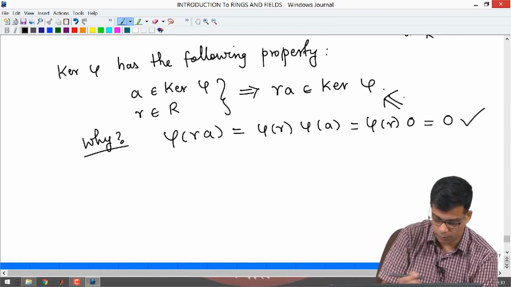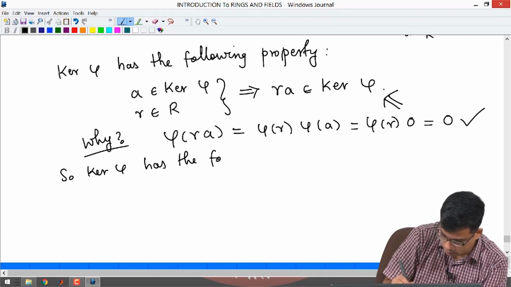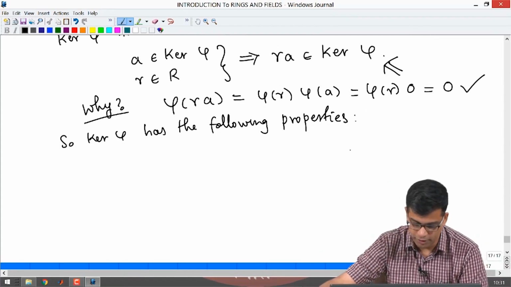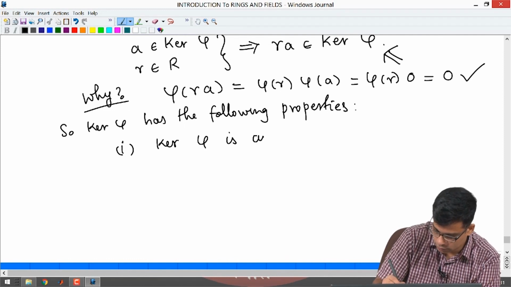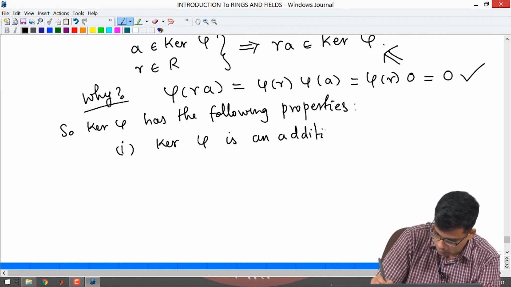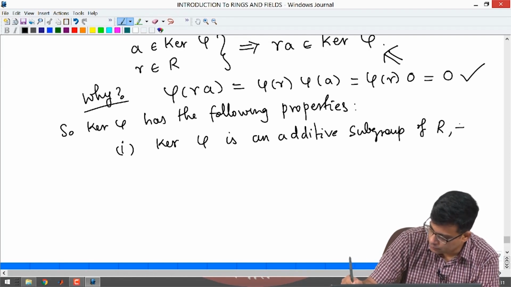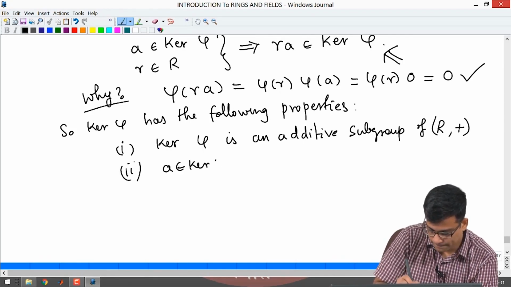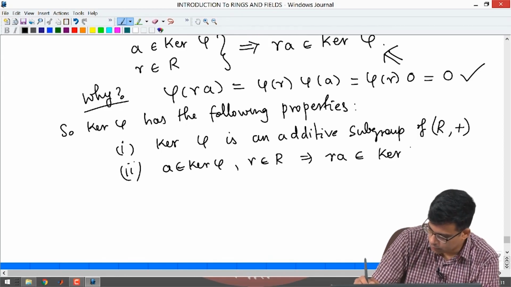So, the kernel has the following properties. 1, it is an additive subgroup of R plus, and 2, if A is in the kernel and R is in the ring, the product is in the kernel.